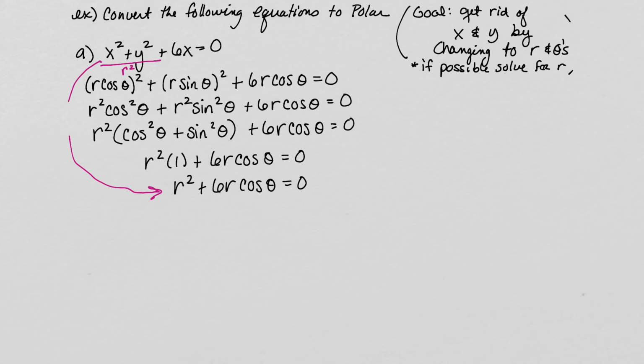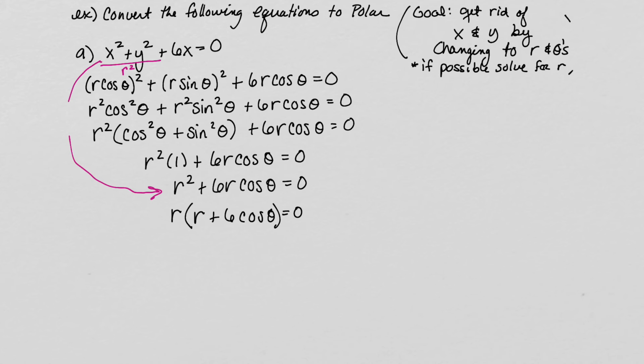However, in this one, I could do a little more work and try to solve for r itself. Both terms have an r in them, so I could factor an r out. So I'd have r times (r plus 6 cosine theta) equals 0. Oops, I put that parenthesis in the wrong place.